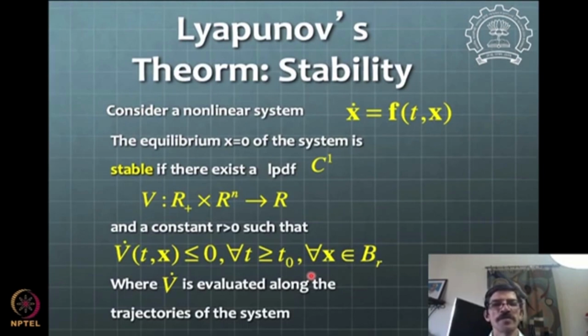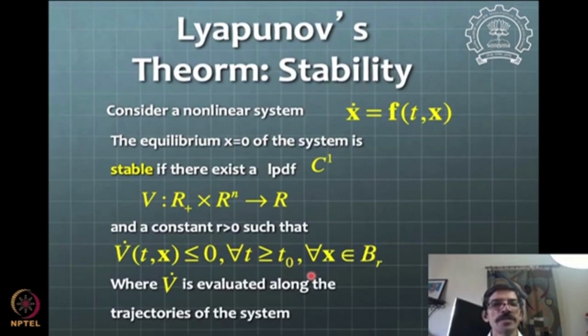Right now we are looking mainly at the application perspective. This is why we are not getting into too many mathematical details, but just the essential details, so that we can look at these theorems and apply them to a case at hand. That is the whole idea of development here.